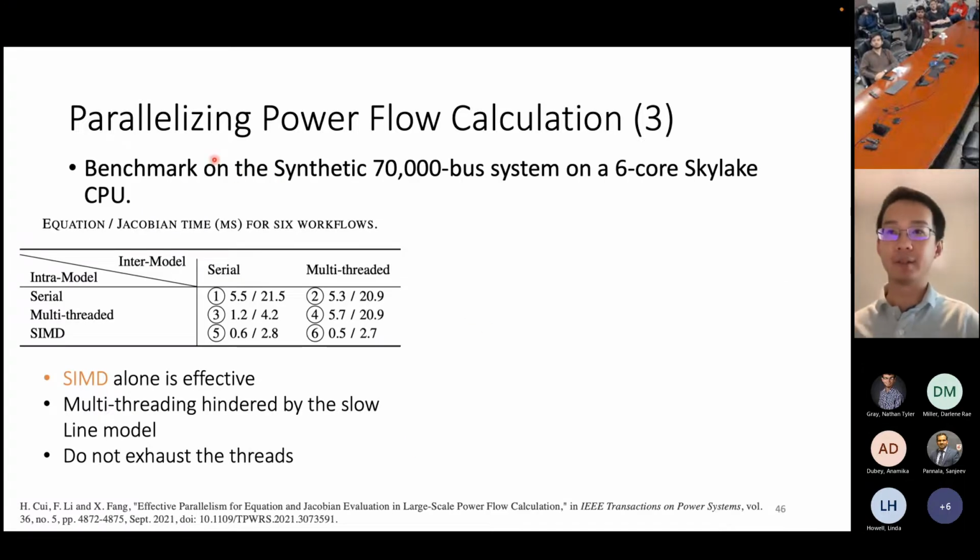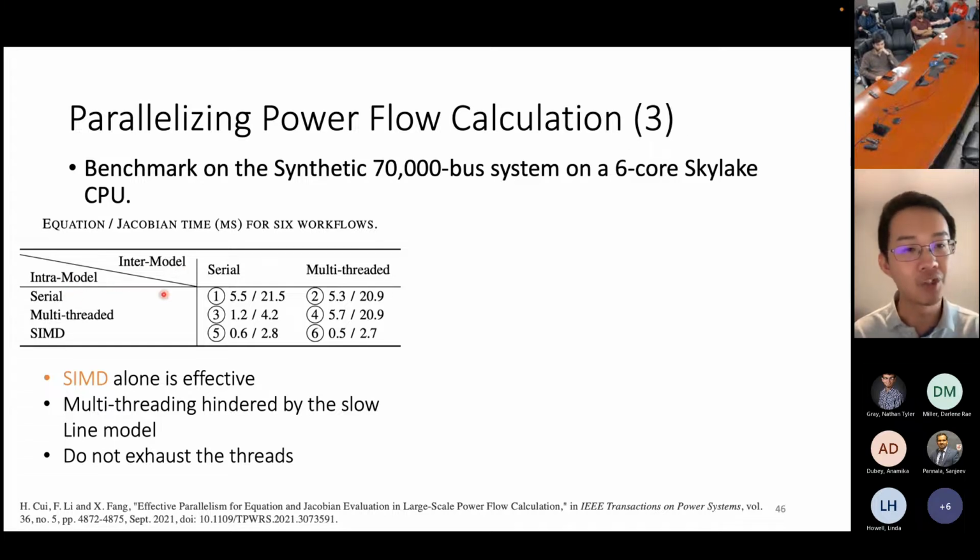So we benchmarked this parallel power flow calculation in the synthetic 70,000 bus system because we need a large system to show the performance gain. So in this table, we divided the intra-model parallelism approaches from the inter-model parallelism.